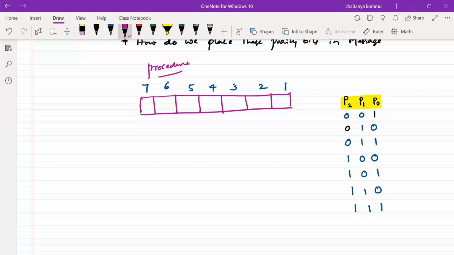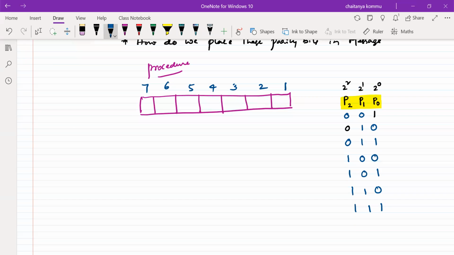So this parity information follows the 2 power 0 position, the 2 power 1 position, and the 2 power 2 position.